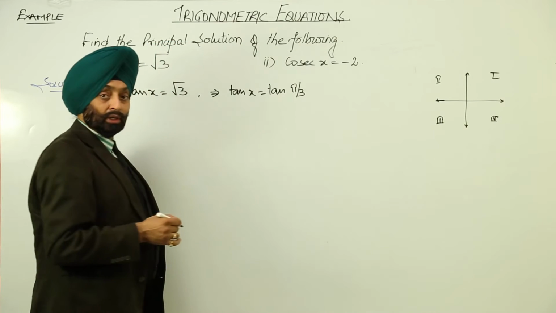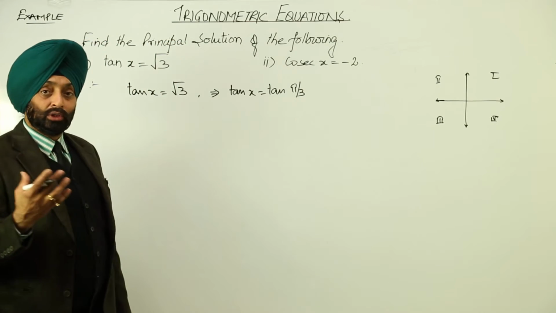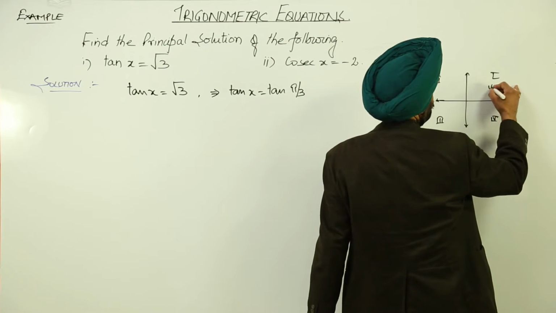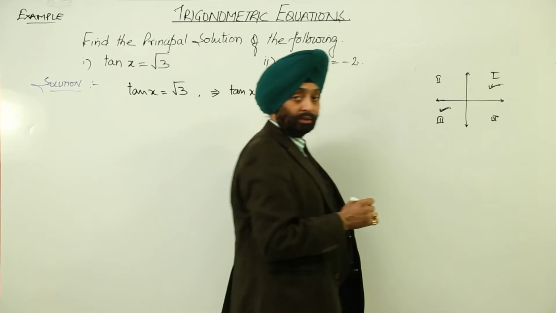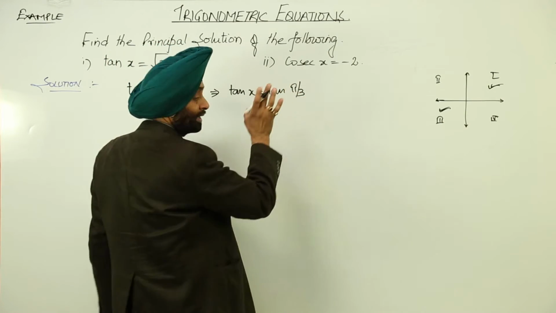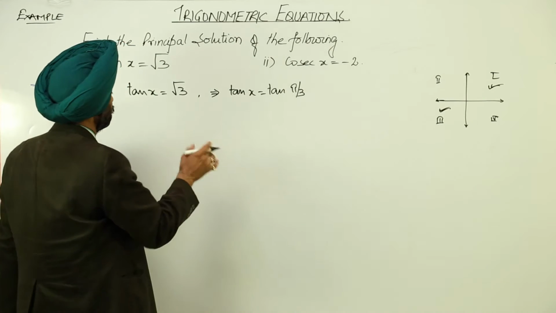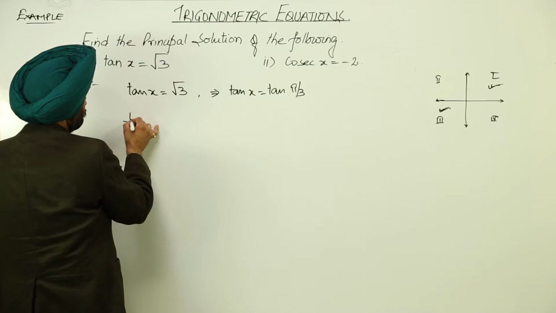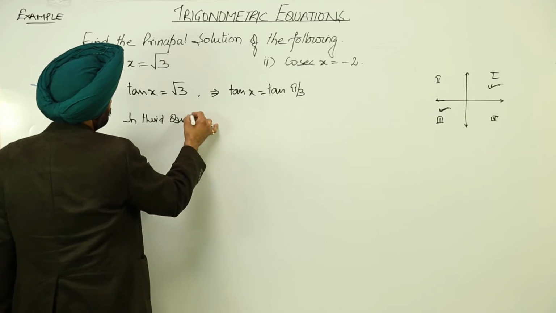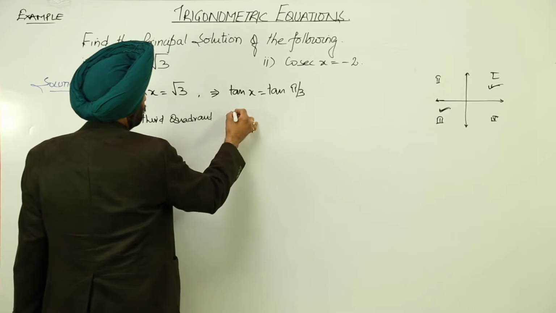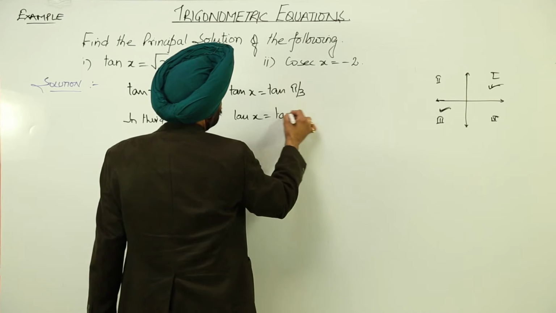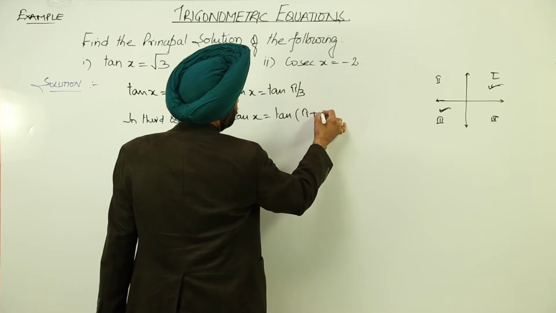Root 3, 60 degrees. Naturally, tan is positive only in this quadrant and in this quadrant. So in the first quadrant, tan x is equal to tan pi by 3, and in the third quadrant we are having tan x is equal to tan of pi plus pi by 3.